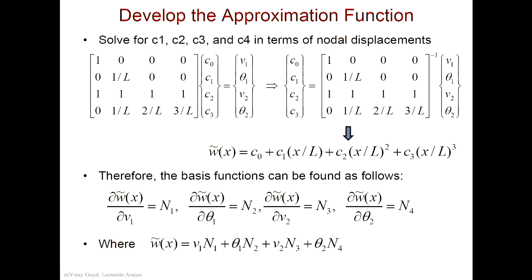I want something that says v1 times n1 plus theta 1 times n2 plus v2 times n3 plus theta 2 times n4. In weak form Galerkin, this used to be your phi's. Remember? phi1, phi2, phi3, phi4. So we're not doing anything too different. I just call it n now because the way we're writing it is a little bit different.